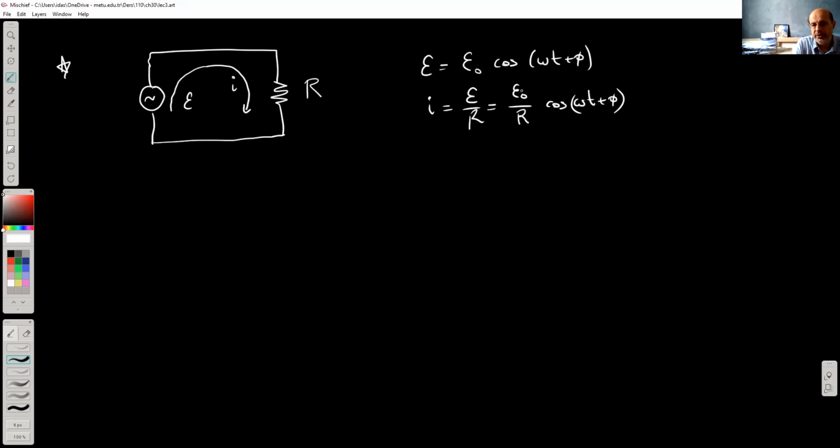Here, this epsilon 0 over R, sometimes I just write down as I0, times cosine of omega t plus phi. So I0 is the current amplitude.